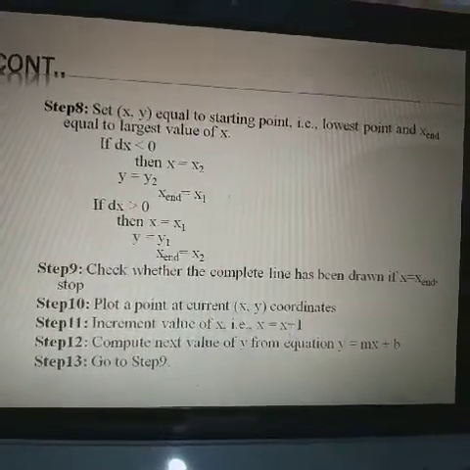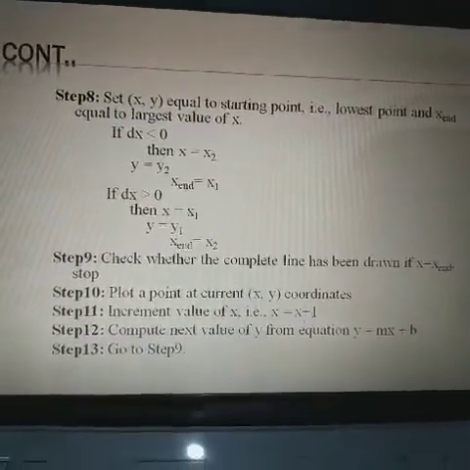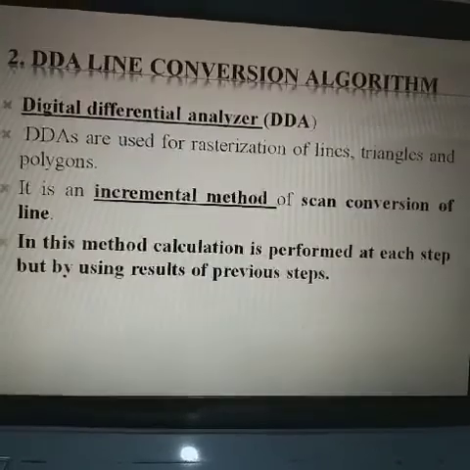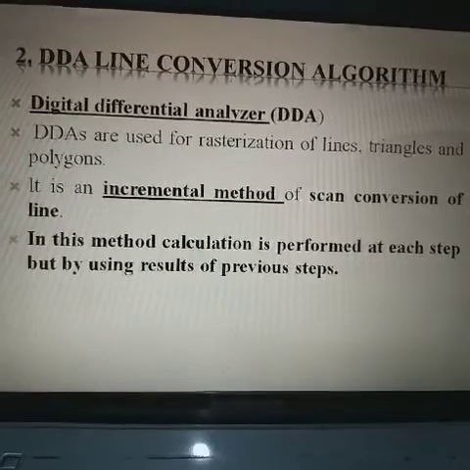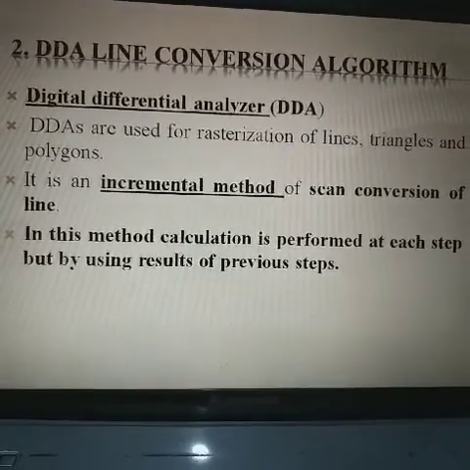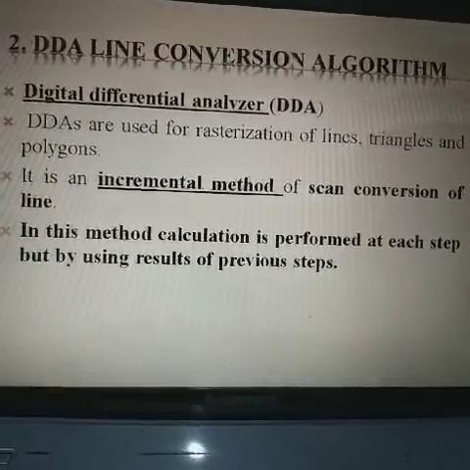So this is the simplest line approach for calculating the intermediate points. Next one, which is the most important, is the DDA line conversion algorithm.